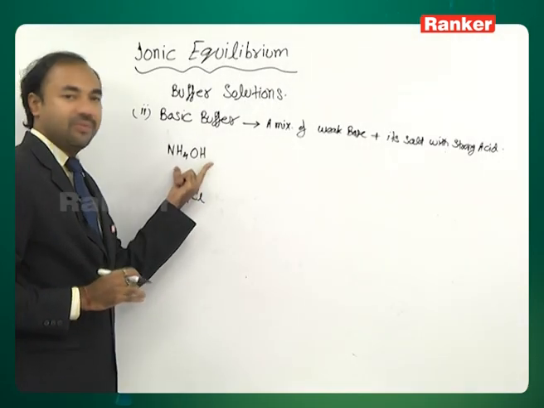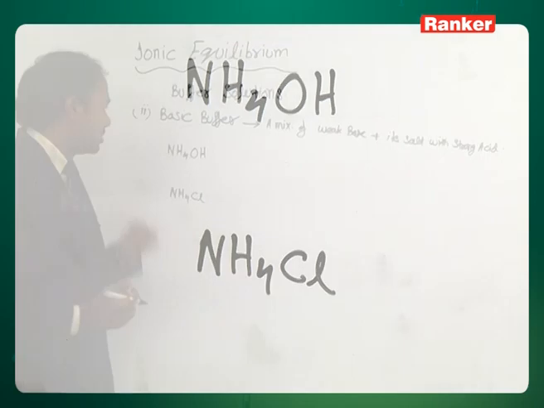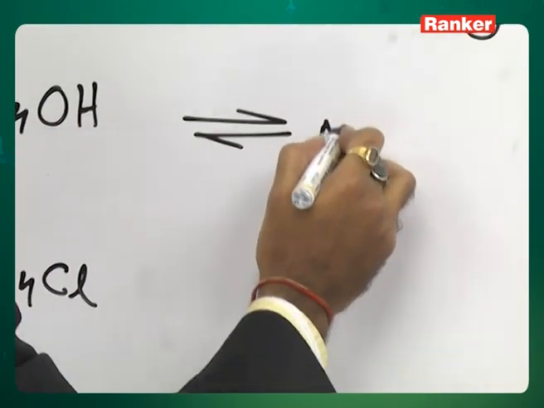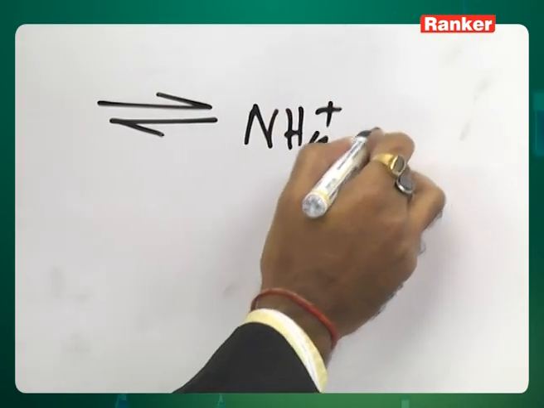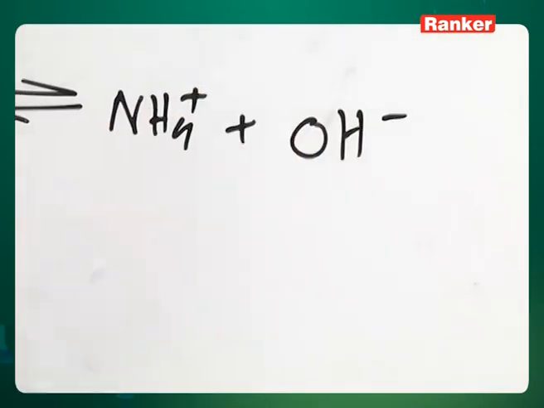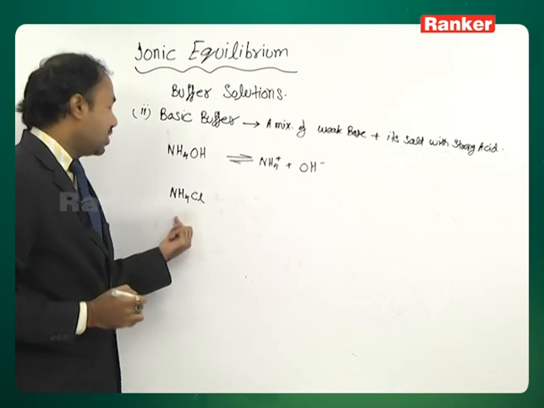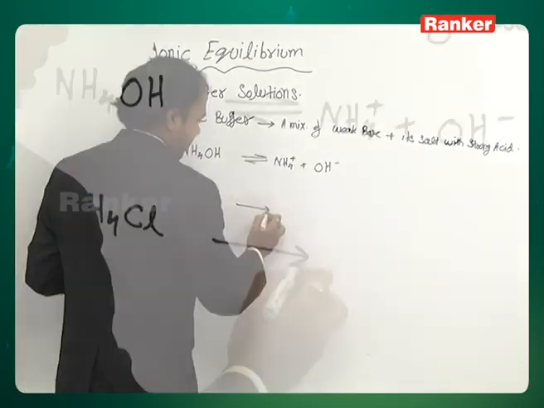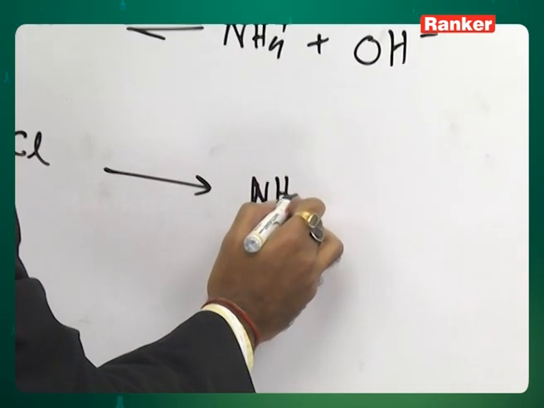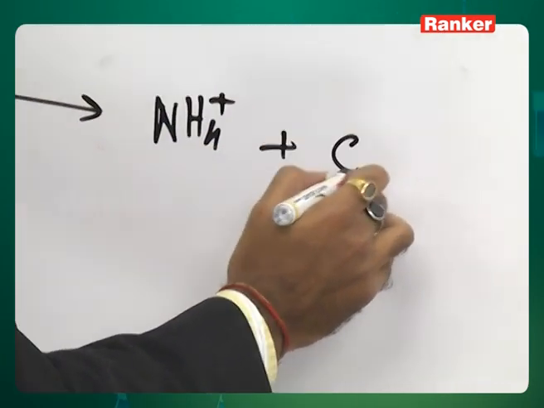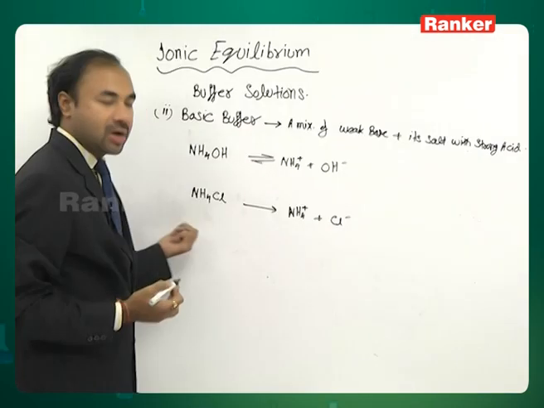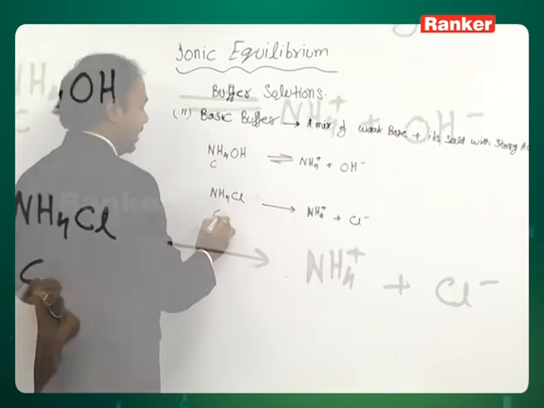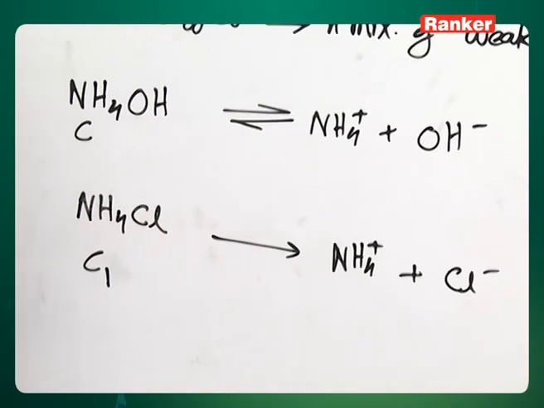Ammonium hydroxide, being a weak base, dissociates to establish an equilibrium between ammonium ion and hydroxyl ion. Ammonium chloride, being a salt, we assume dissociates completely to give ammonium ion and chloride ion. We assume the concentration of ammonium hydroxide is C and of ammonium chloride, the salt taken, is C1.